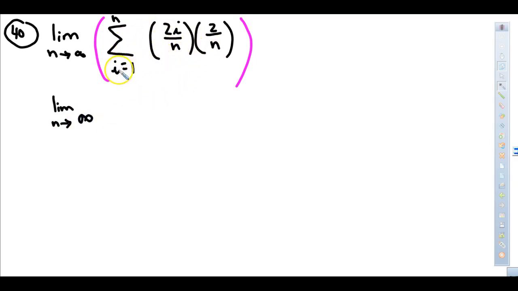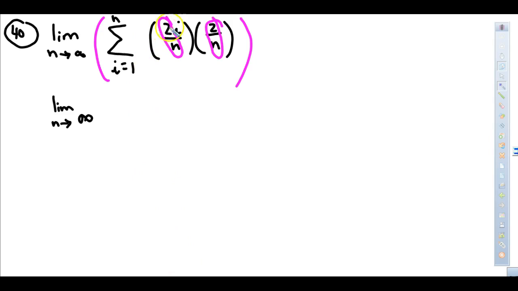Well, remember, what's changing? i. Because i is 1, then it's 2, then it's 3, all up to n. n is constant. What I notice is that I can pull this 2 over n out and this 2 over n out as a scalar because n is a constant number.